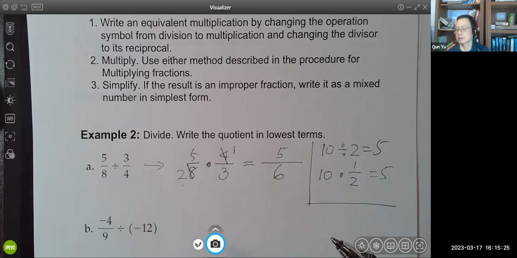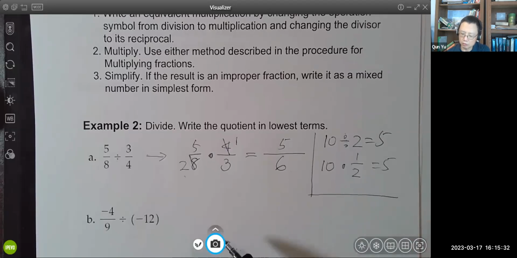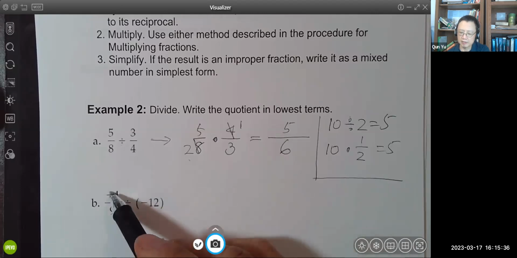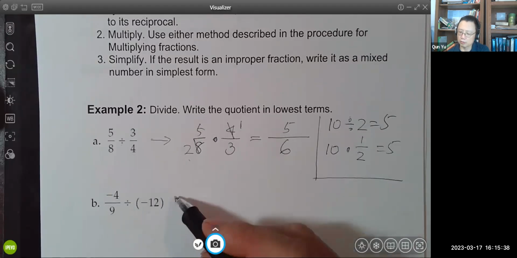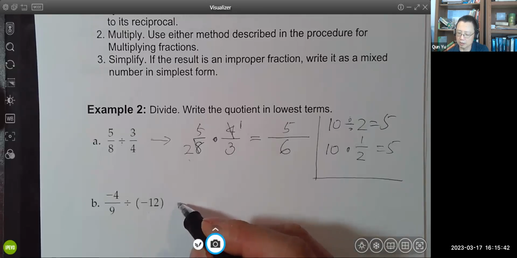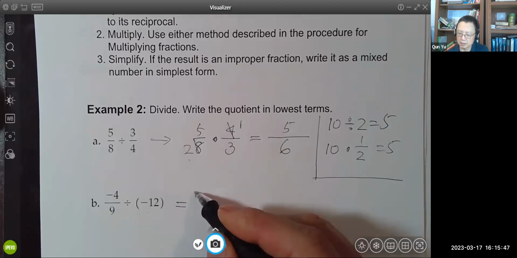It's not because it cannot be done without changing to multiplication, okay? Okay, now let's move on to the next example. Negative divided by negative is positive, so we don't need to carry over these negative signs because we already know the result is positive. So we just keep the first number unchanged.